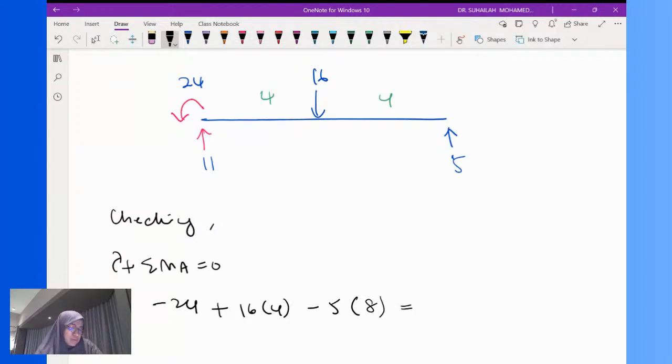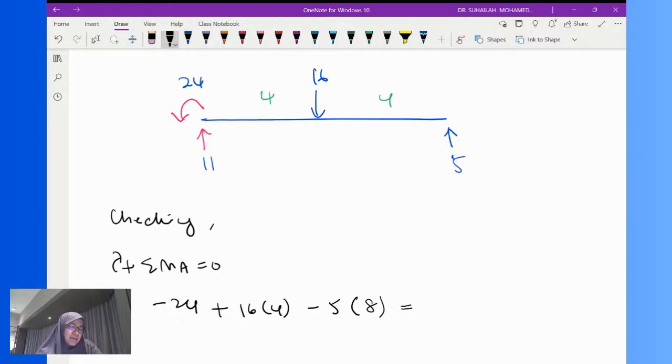Do we get 0? Negative 24 plus 64, we minus 40. Do we get 0? Negative 24 plus 16 times 4 minus 5 times 8. It should be 0. If it is not 0, it means the previous answer is not correct. The system must be in equilibrium.